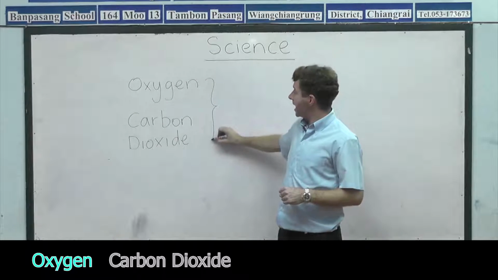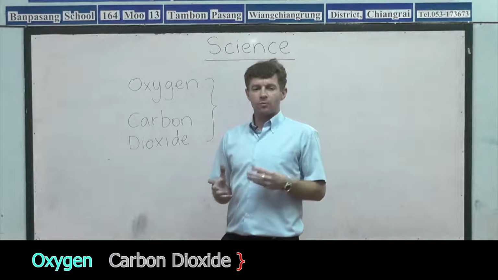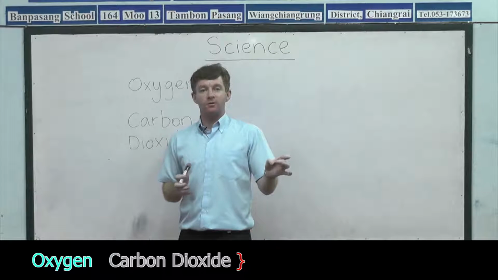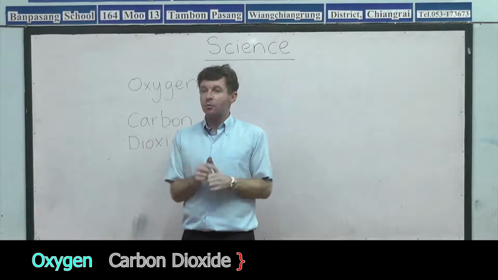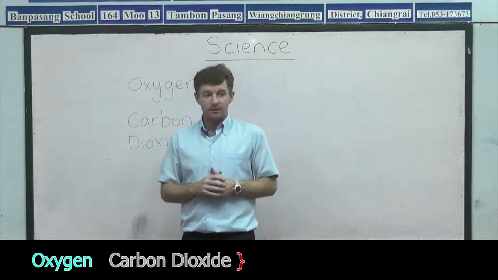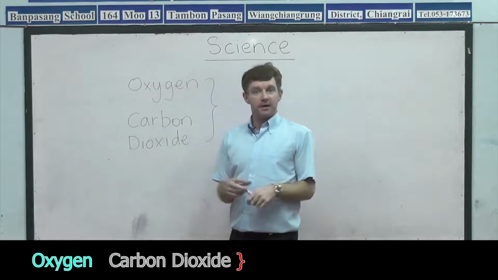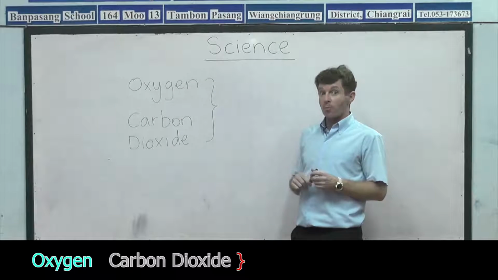And when we combine these two gases, why are they important? Can you remember reasons why oxygen and carbon dioxide are important? I'll give you one example: breathing. These are the gases that we need for breathing.